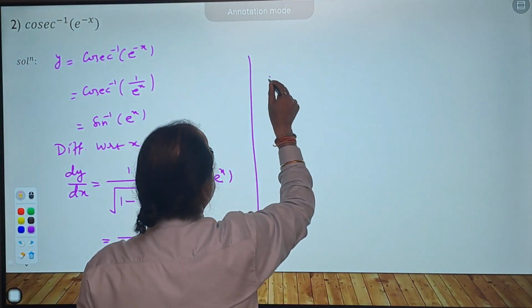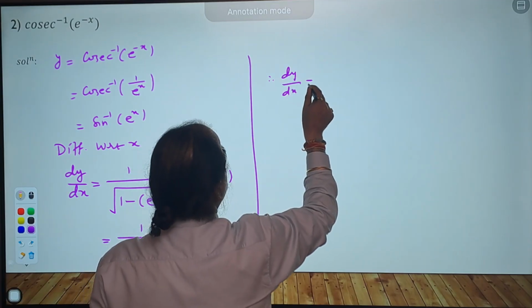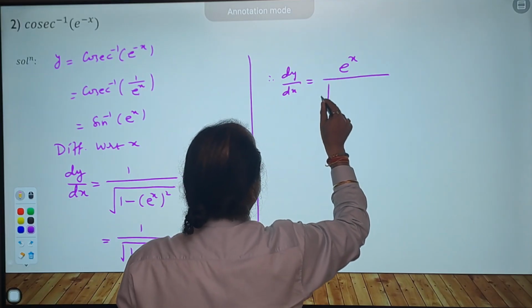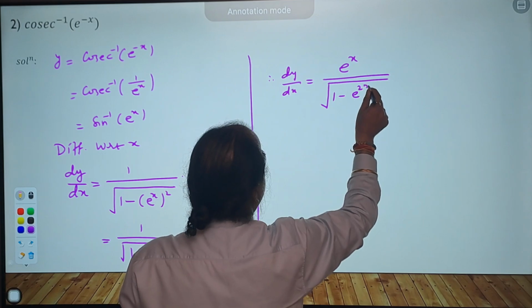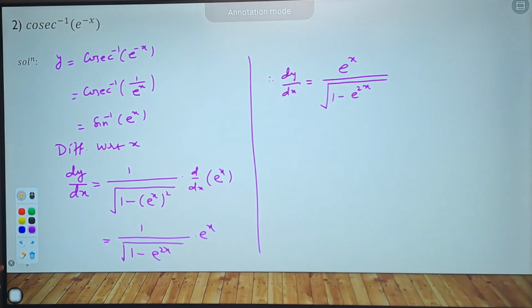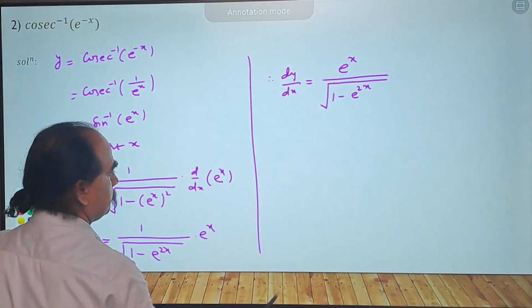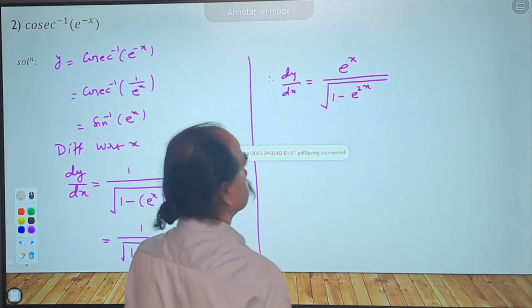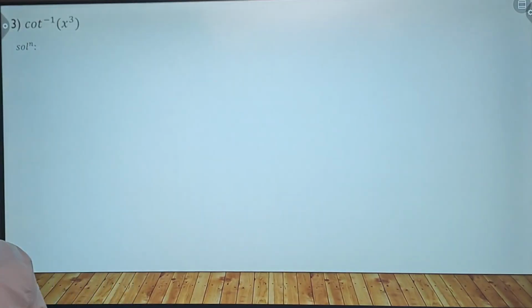So dy by dx is what? e raised to x upon root 1 minus e raised to 2x.